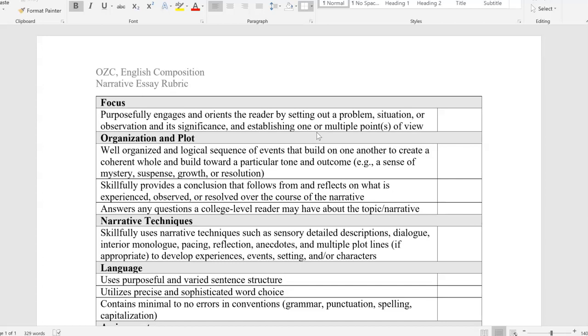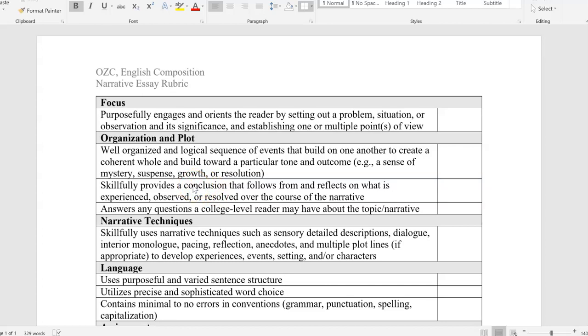The next one says, skillfully provides a conclusion that follows from and reflects on what is experienced, observed, or resolved over the course of the narrative. So a lot of you want to start with this kind of idea in the telling, but good conclusions give that, like, the moral of the story.